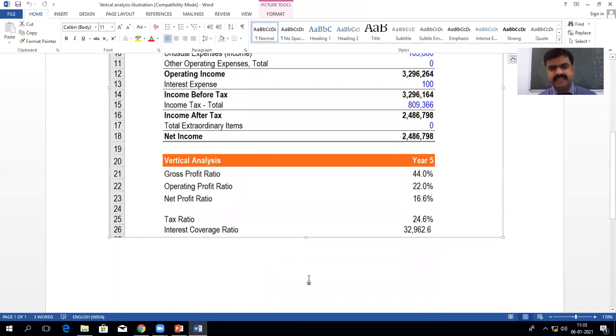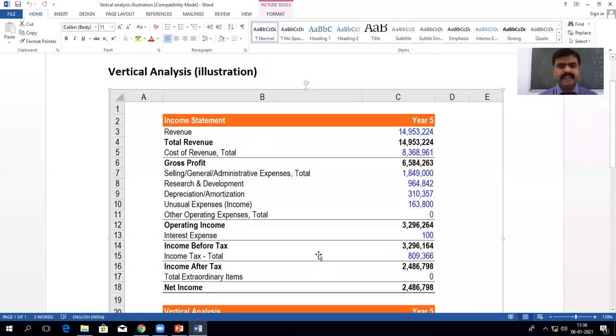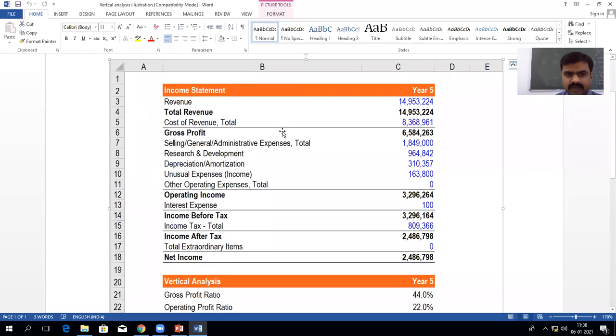When you are calculating the percentage here, I will take the sales, the total revenue, as 100%. And then in relation to that, all the remaining things I will express as a percentage of total revenue. You can see there: total revenue, minus the cost of goods sold, then I'll get gross profit, then I'll minus the selling and distribution expenses, R&D expenses.